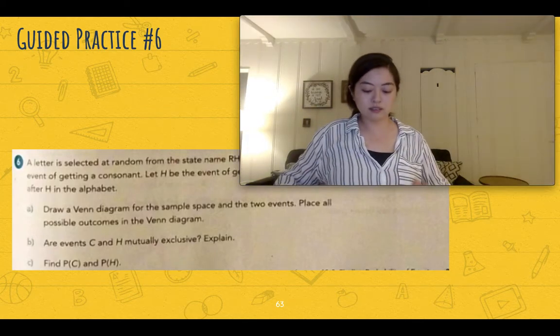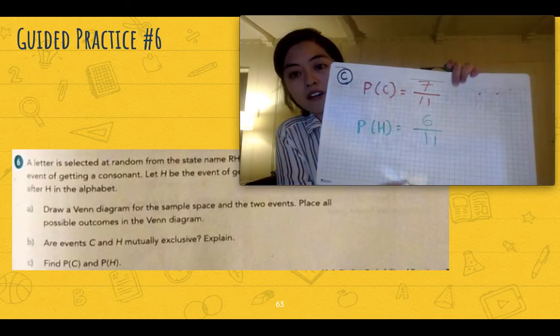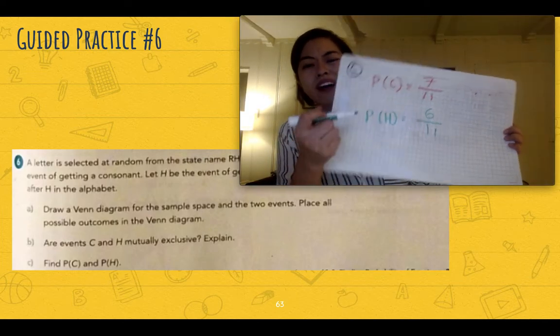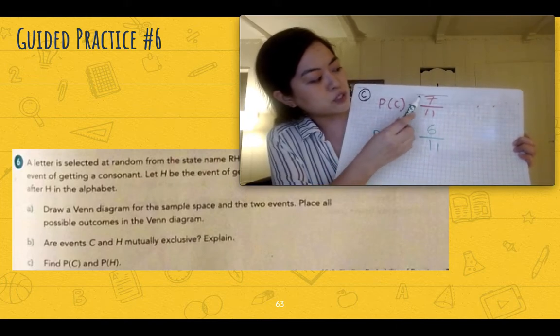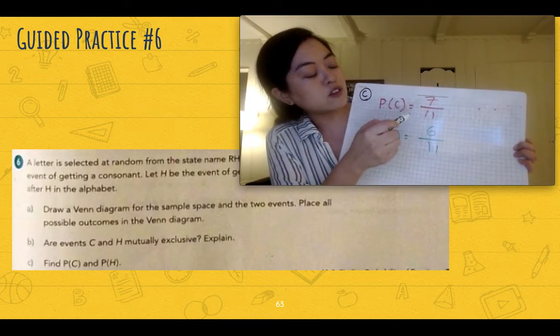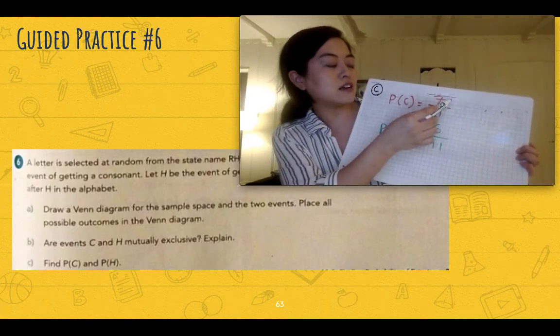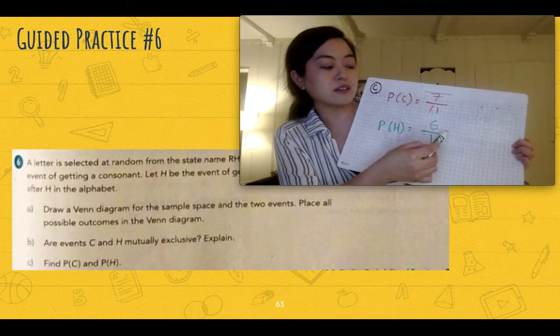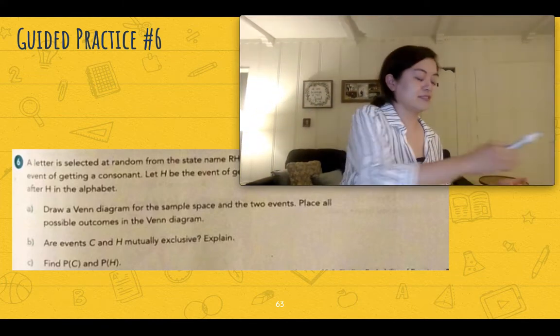So there's 6. Okay. So now, looking at the probability of event C and probability of event H, which one is more likely to occur? It's actually the probability of event C because 7 out of 11 is greater than 6 out of 11.